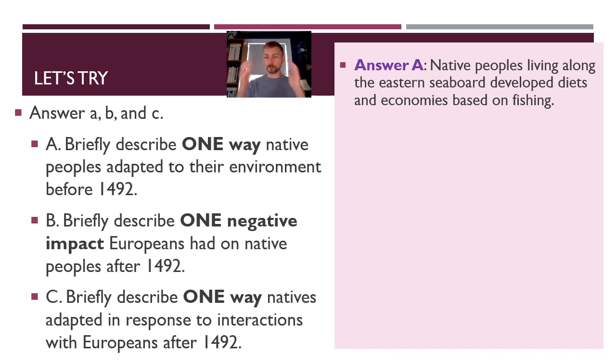I picked that one. That's the first one that came to mind. I could have picked the Pueblo people. I could have picked mound building peoples. There could be any number of groups, Plains Indians, any number of the folks that you've read about. But I picked the Native peoples on the eastern seaboard, and I could actually pick the western seaboard, like Seattle and Oregon too. They developed diets and economies based on fishing.